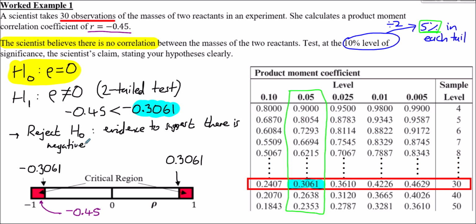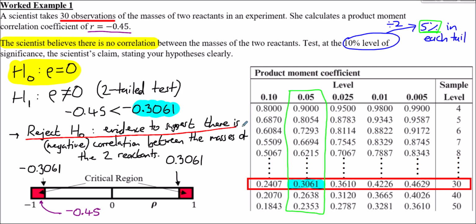Don't even need to say negative really, you just need to disprove what she's saying, negate what she's saying, but there's negative correlation between the masses of the two reactants. Bit of writing, but it's not going to hurt you too much. And that's what we need to say in our conclusion to pick up our marks, which ultimately is probably all you're interested in.